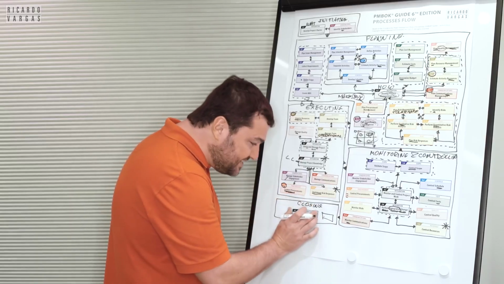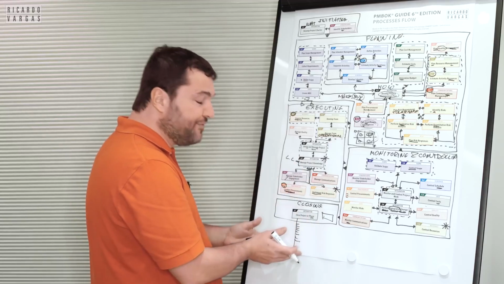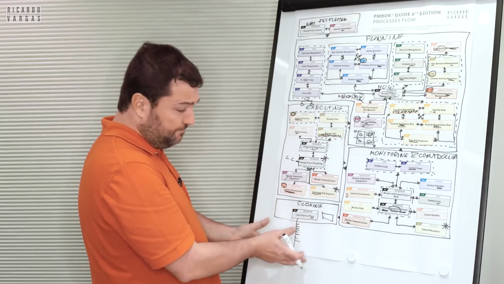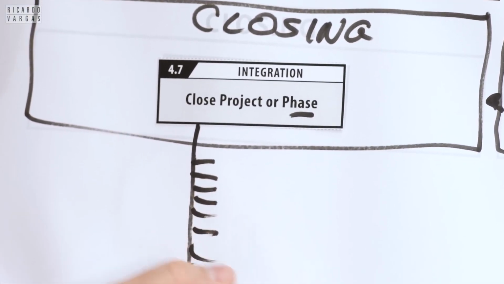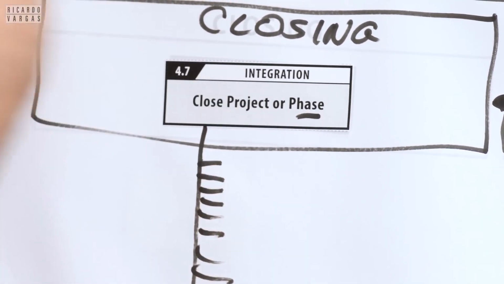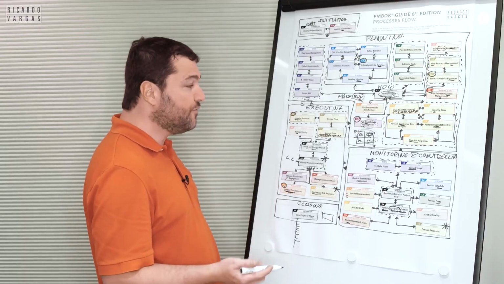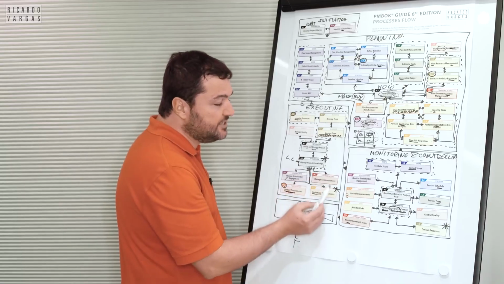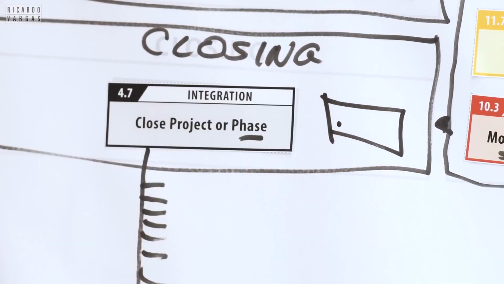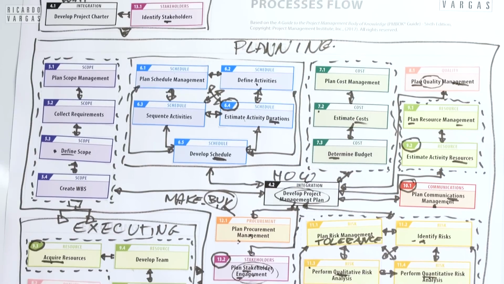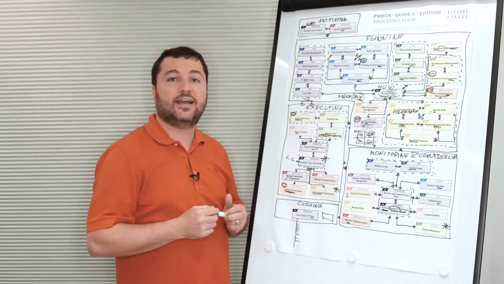So the closing is just this close project or phase to simplify and to unify that here you are closing basically everything. So the old 47 processes, 47 boxes, became now 49. Why 49? 47 plus the 3 new ones, 50, minus this one, 49. So this is the full set of the PMBOK guide.